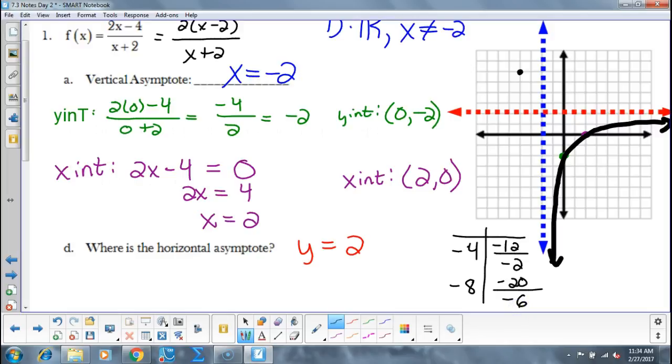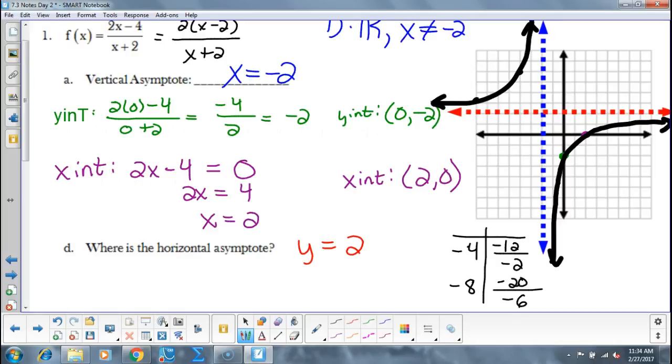Negative 20 divided by negative 6 is a little bit more than 3, so 3 1/3, right in there. Do you need any more points to figure out where your function is going? And there's your function.